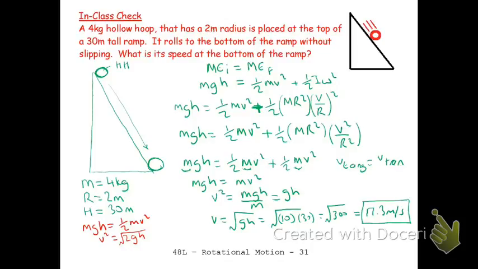So it would be square root of 2 more than that. So it would be going faster if we allowed it to slide. So this is for sliding. If I used a hollow hoop, then it would be going slower at the end, and so on.